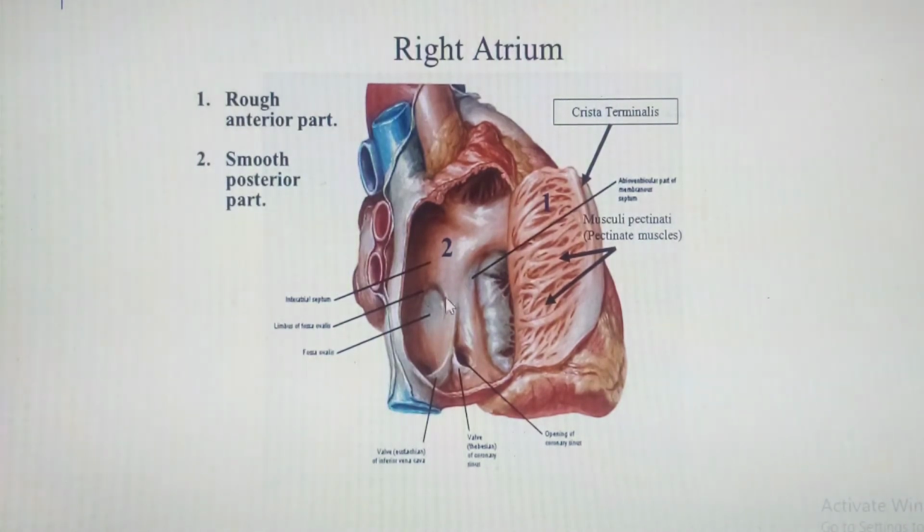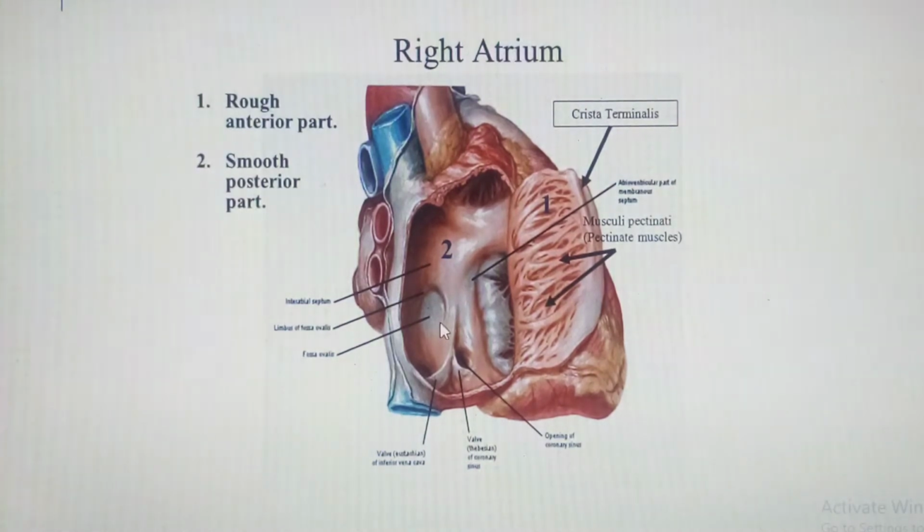But not only that, we also find this over here in the wall of the right atrium of the heart. It's around where we have the interatrial septum. This one is known as the fossa ovalis. This fossa ovalis used to be the foramen ovale, and this foramen ovale was very important in fetal life for shunting blood between the right and left atria.